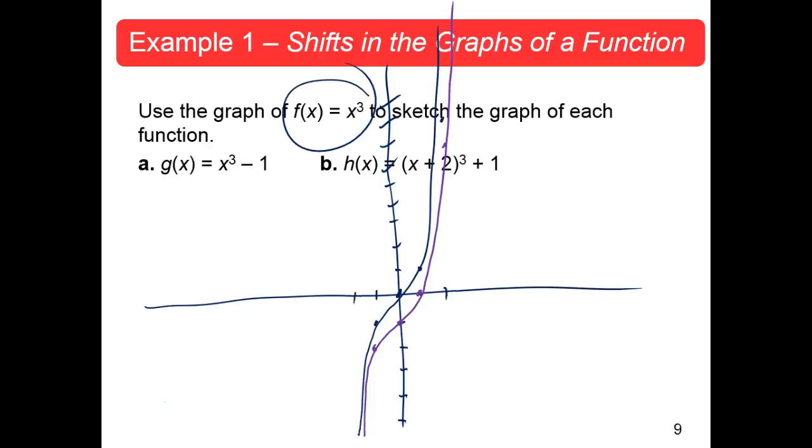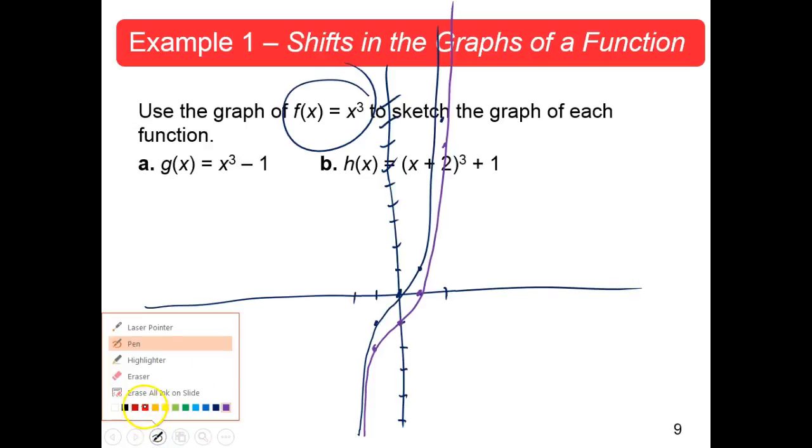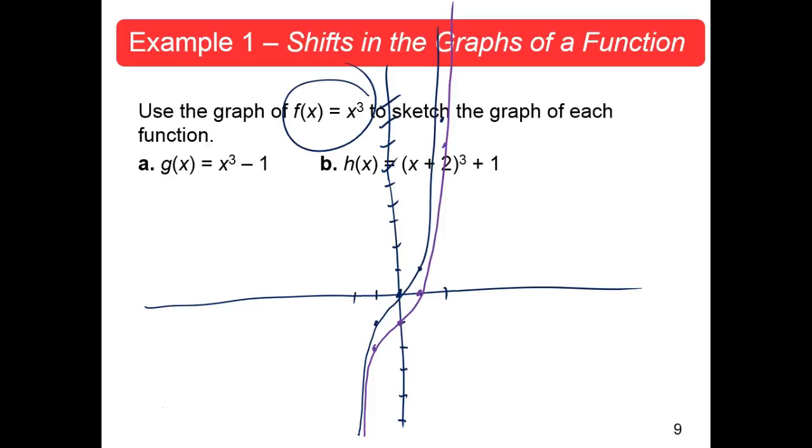What color do you want it? Now we'll do red. What are you going to do here? Left 2 and up 1. So you go back to your parent function. Left 2, up 1. There would be the first one. The purple one was a, now we're going to do b. You pick any point and you go.